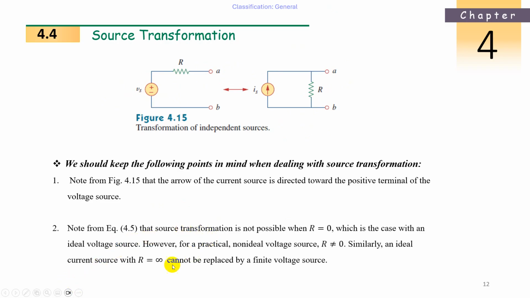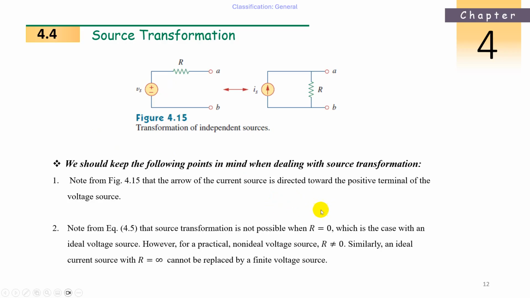Second point, the source transformation is not possible when R is equal to 0. We know that source transformation means a voltage source in series with a resistance can be transformed to a current source with a parallel resistance, right? Now, when R is equal to 0, it is not possible to transform to the current source because the voltage source becomes an ideal voltage source, which is not possible in the universe.